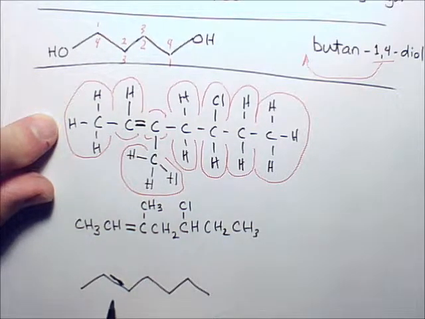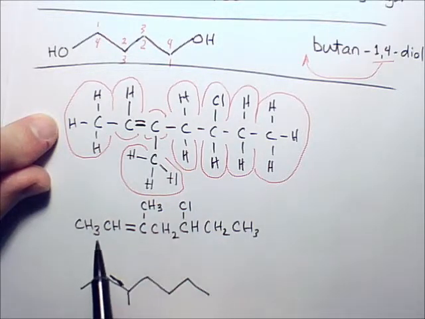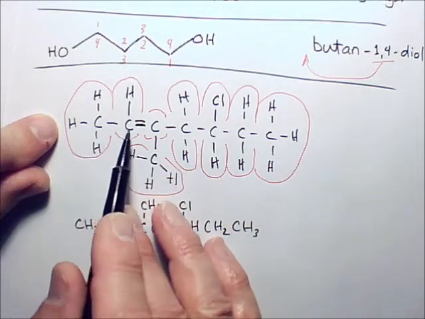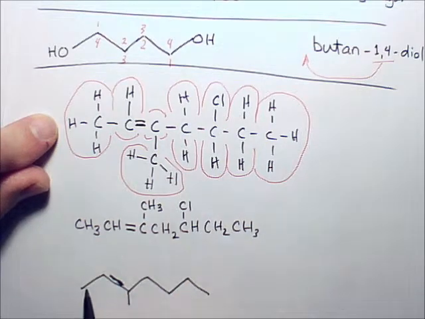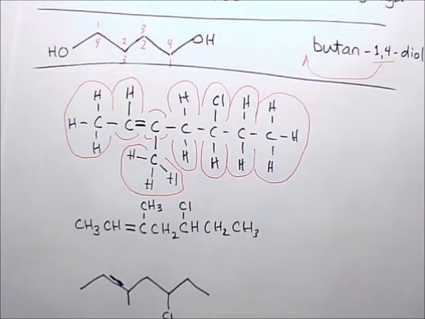Okay? Double bond there. On the third carbon here, I need another carbon sticking off there, methyl group. And on the 5th carbon, 1, 2, 3, 4, 5, I need a chlorine. Need a chlorine here. And we're done.